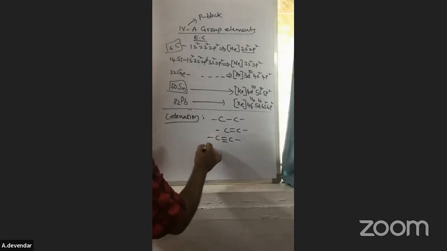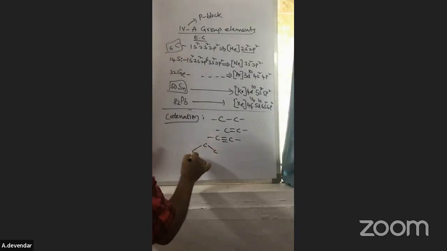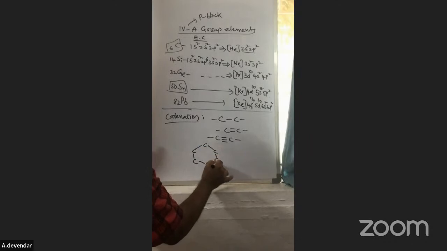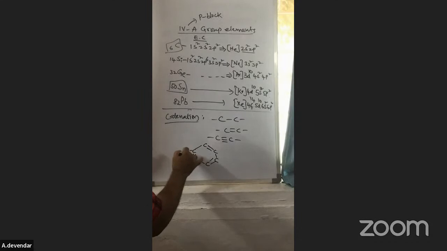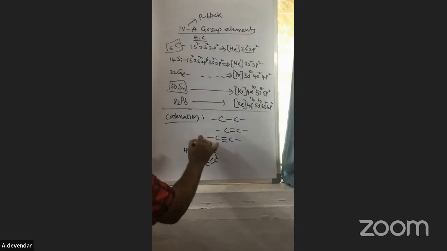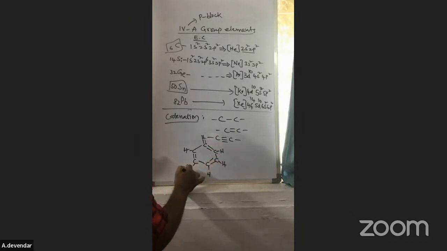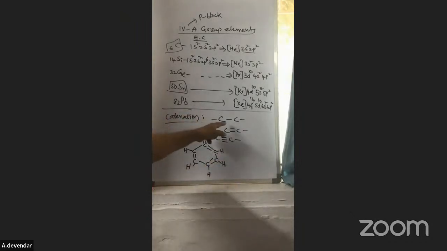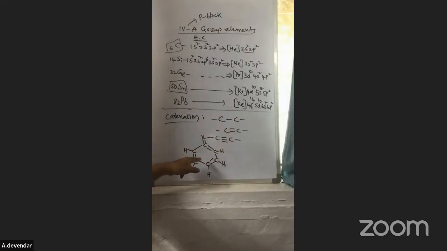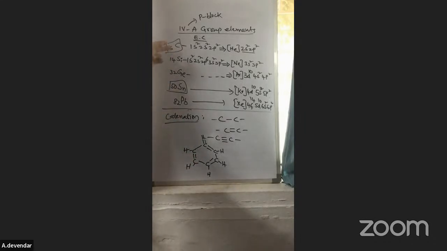It can also form a cyclic hexagonal ring structure like this, which is nothing but benzene. Carbon can show single bond, double bond, triple bond and cyclic nature. This property exists mainly for the carbon atom. That's why, in any organic compound, carbon compulsorily shows tetravalency.